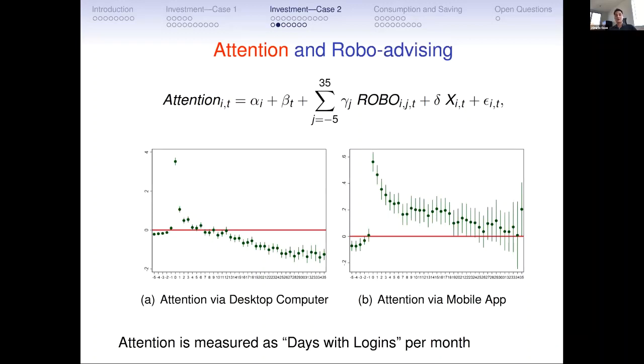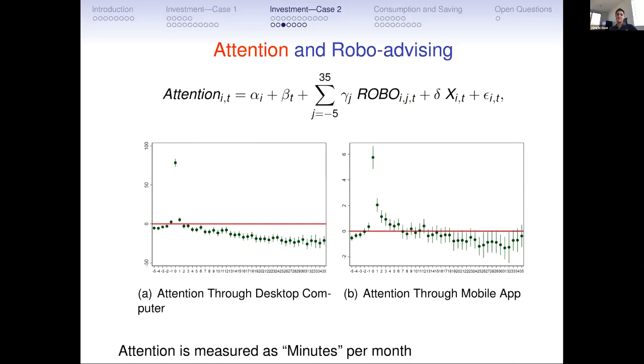And so they just quickly go and see how their wealth is evolving, but they don't make any financial decisions. And this is something that you see also if you measure attention by the number of minutes per month. So if I don't focus on logins, but on the number of minutes per month, you'll see that it goes down whether you're connecting through your desktop computer or through the mobile app.